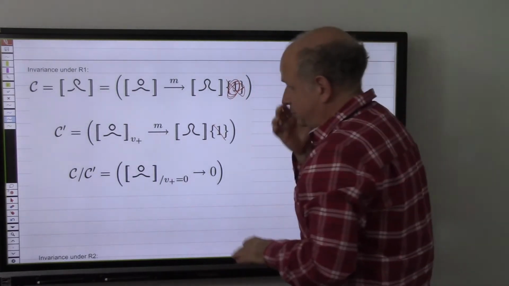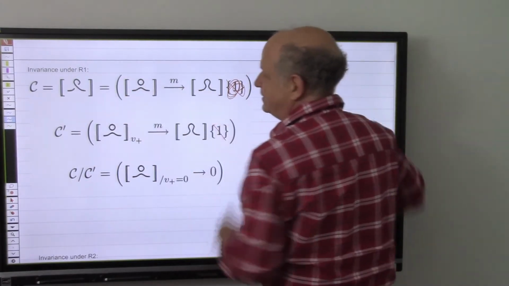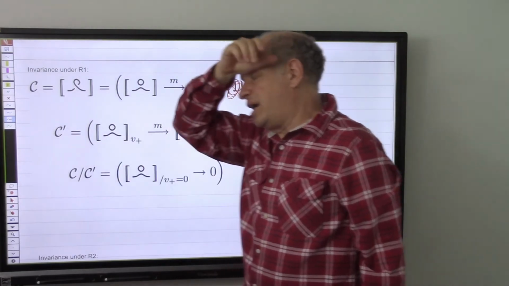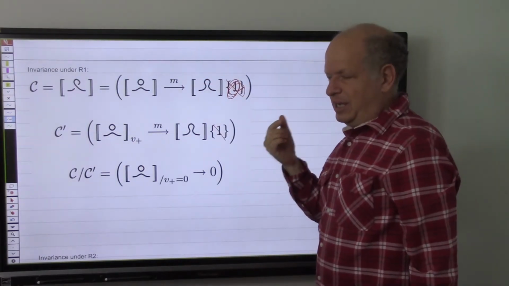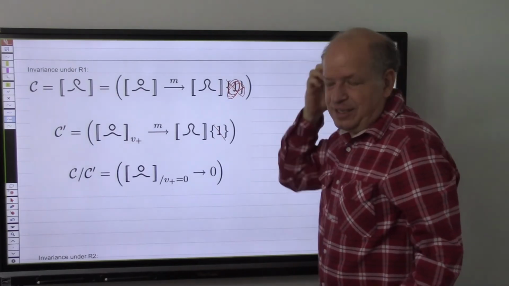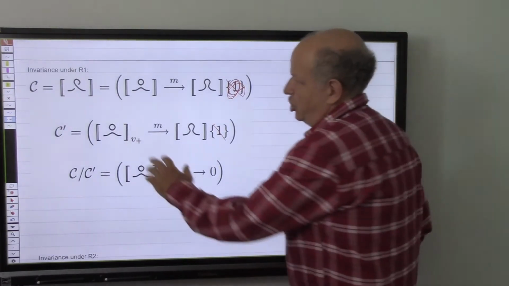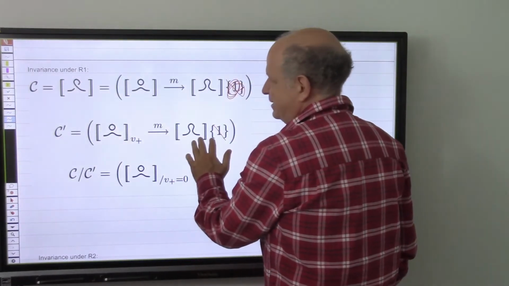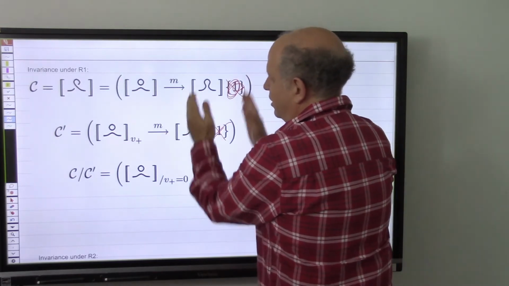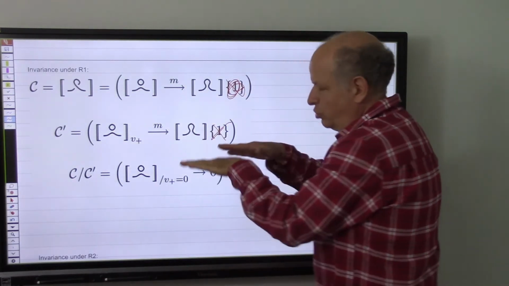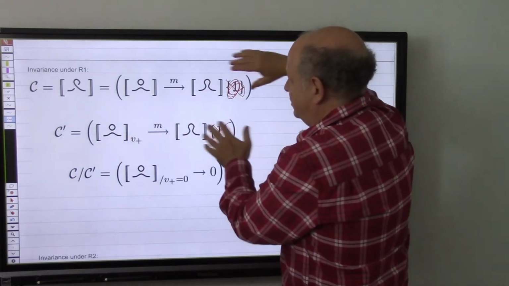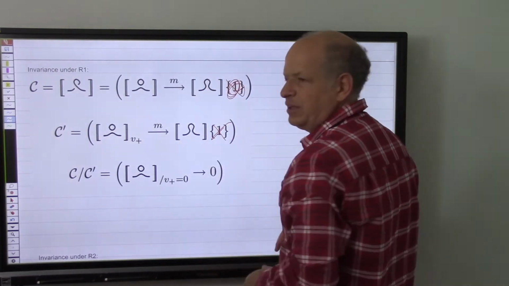And now I claim that this complex has a subcomplex. And the subcomplex is C prime. And I'll just indicate it in schematic language. So the subcomplex is the one in which you make no changes to the term on the right, the n minus 1 dimensional cube that corresponds to the 1 smoothing.